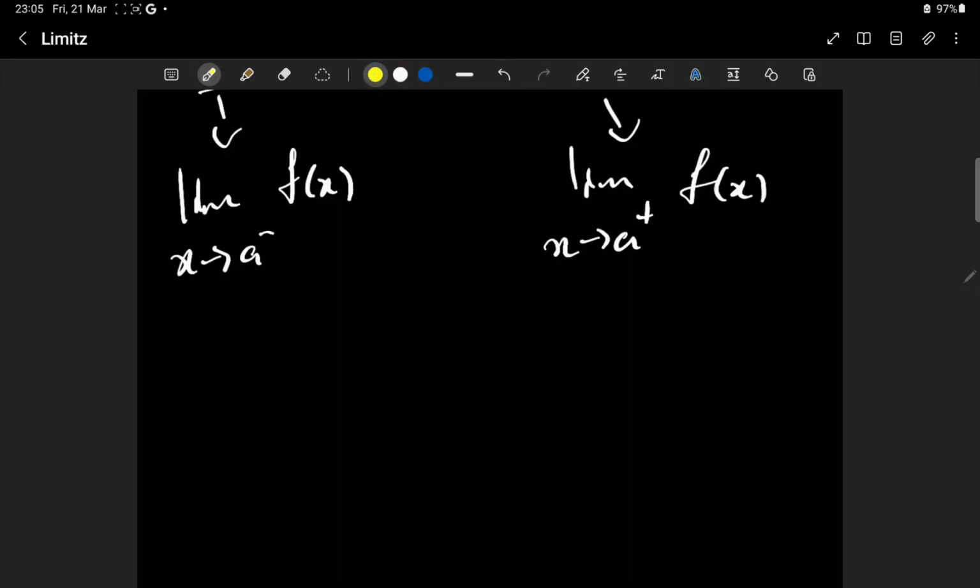Let me just say x tends to a from the left. Why am I putting a minus there?